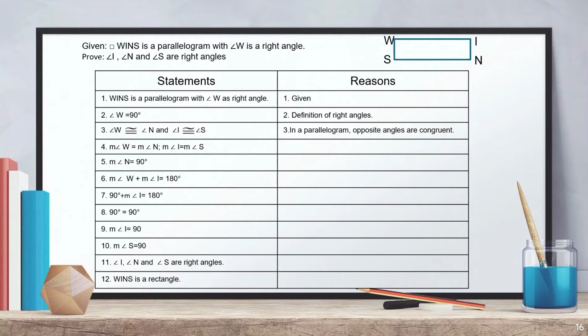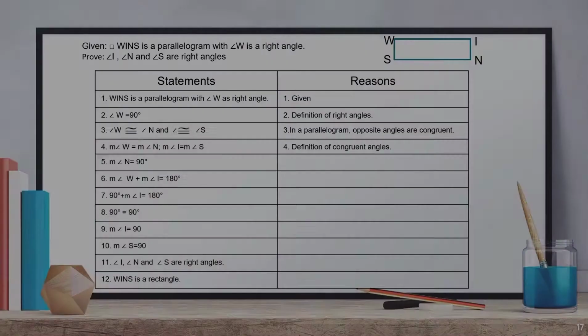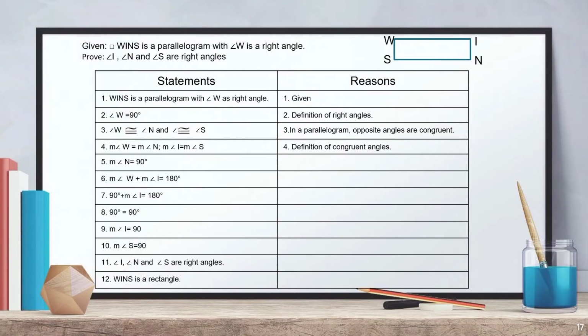Now statement number 4. As you can see, we base our statement number 4 from statement number 3. So in number 4, we have here measure of angle W is equal to measure of angle N, and measure of angle I is equal to measure of angle S. Reason, we have the definition of congruent angles. Now, statement number 5, that is also based from statement number 4.